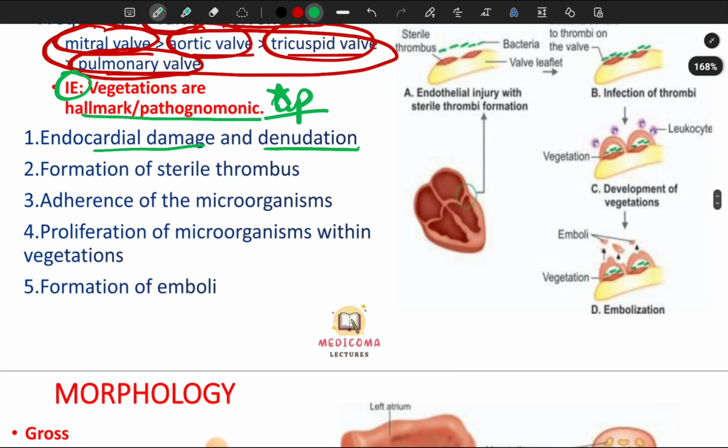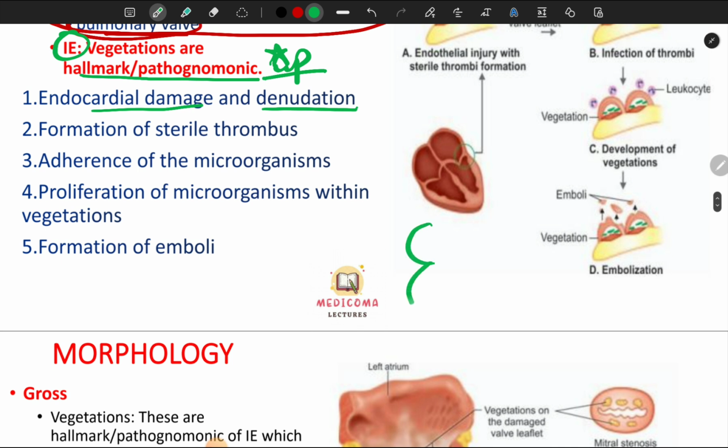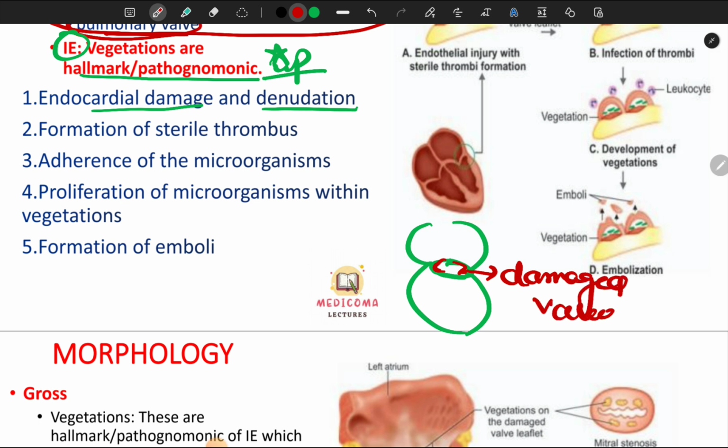If there is a damaged wall, for example a congenital defect in this wall, the wall becomes narrow.